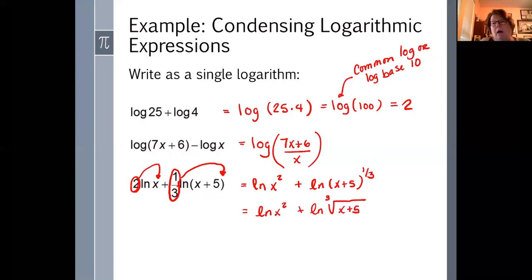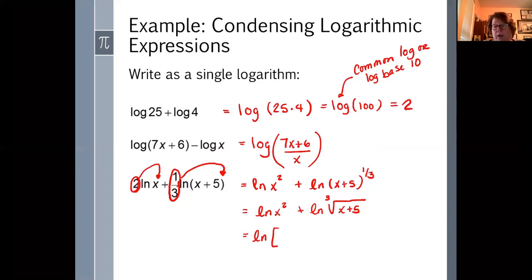All right, I'm not quite done yet, because now I have the sum of 2 logarithms. If I have the sum of 2 logarithms, I am able to write that as the logarithm of their product. So I could write this as the logarithm, and I'm going to open up some parentheses so that I know I'm taking the logarithm of this entire expression.